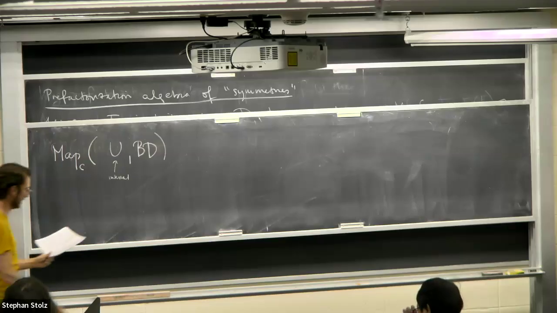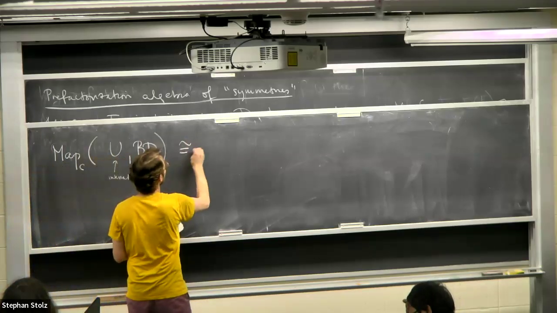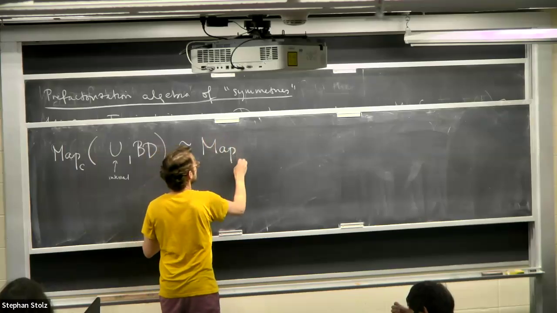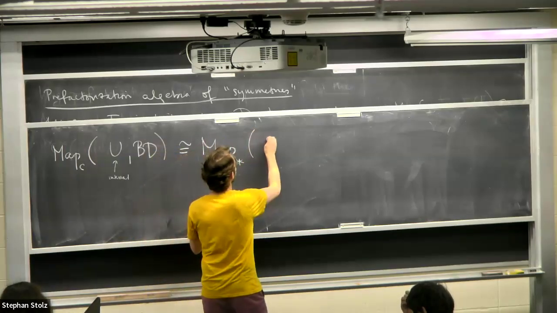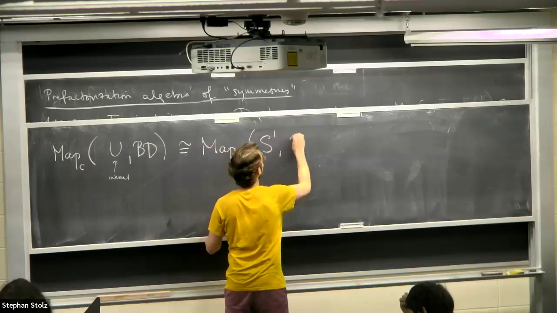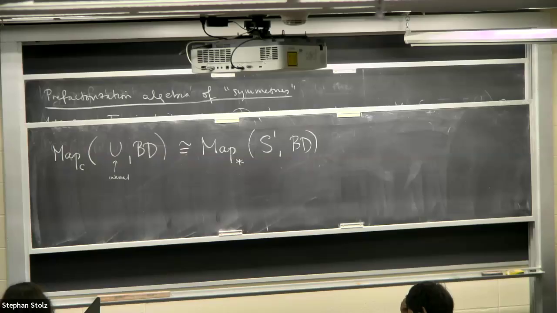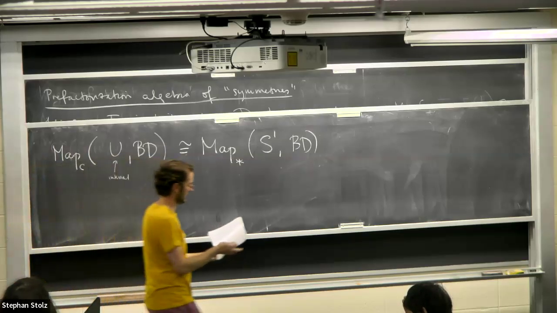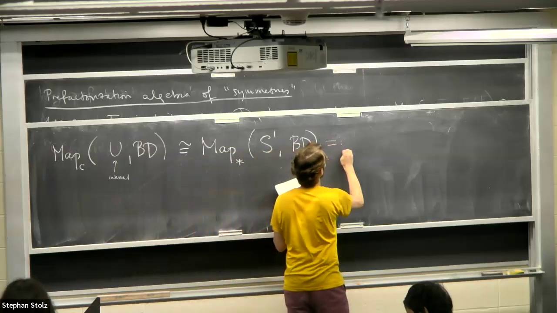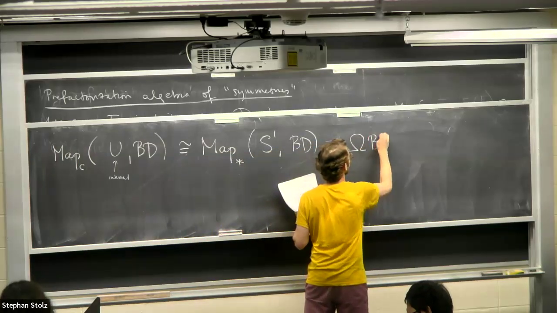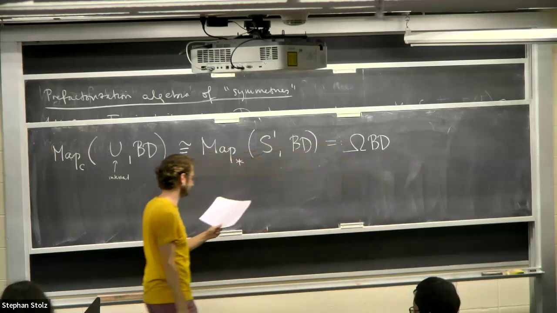So this is actually isomorphic to pointed maps or base maps from S1 into BD. I could, if you want, glue the two endpoints together. This is sometimes denoted as the base loop space of BD.